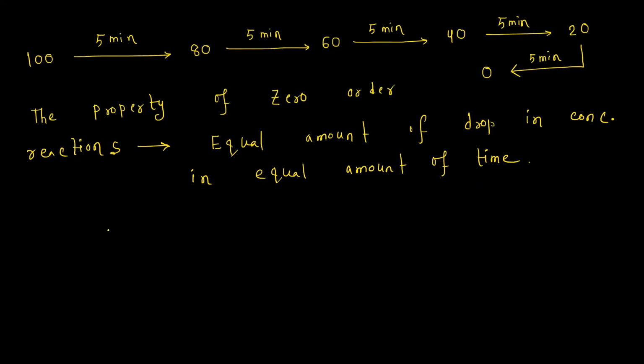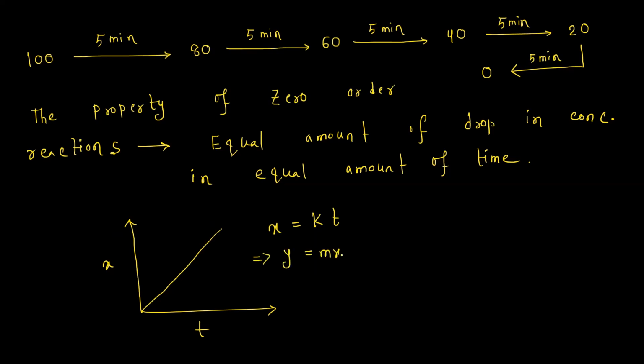Now we will see some other graphs. If we take the drop in concentration x in y-axis and take time in x-axis, we can find a straight line that passes through the origin, because we know x is equal to kt, so we can compare with y is equal to mx.